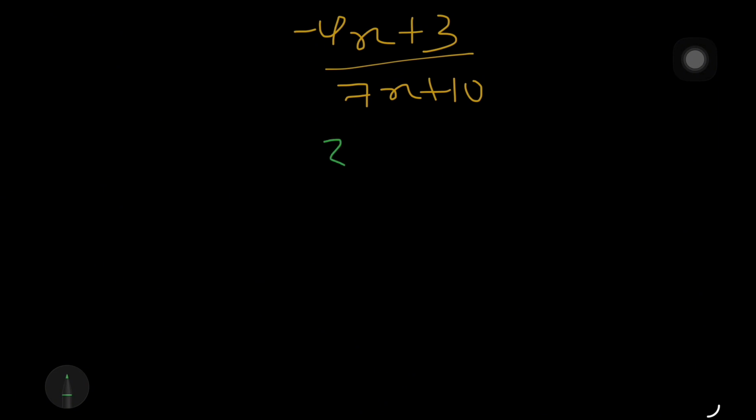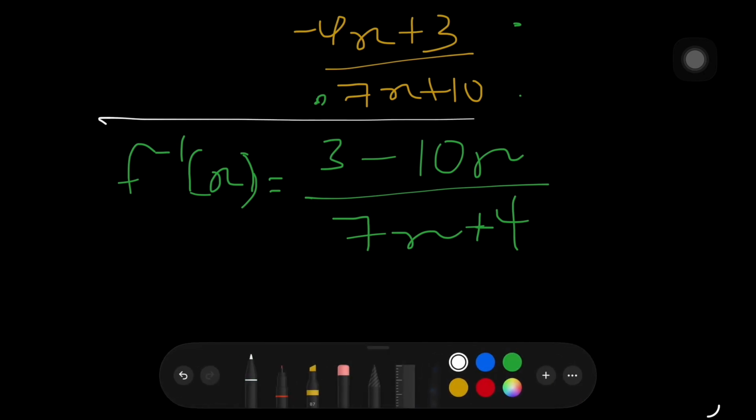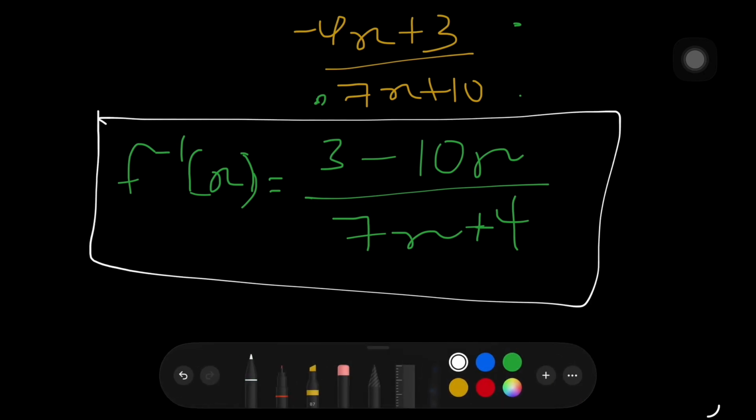Then from here, we start. So we have 3 minus 10x all over 7x minus negative 4, so plus 4. f inverse of x. Simple.